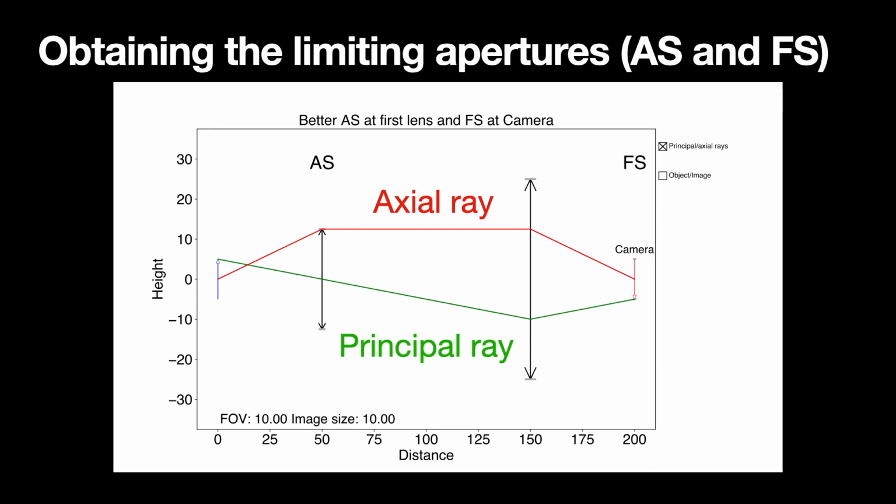On the other hand, from the top of the object and going through the center of the aperture stop, at some point, this ray, called the principal ray, will be blocked by the finite size of some element and will limit the field of view.